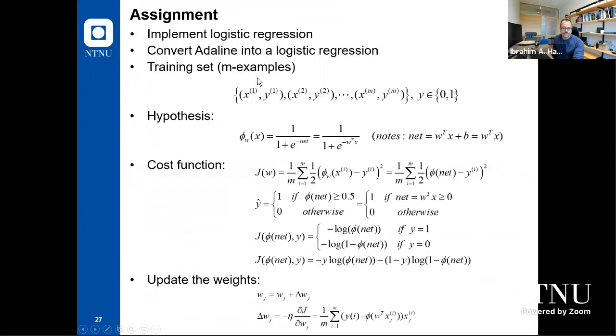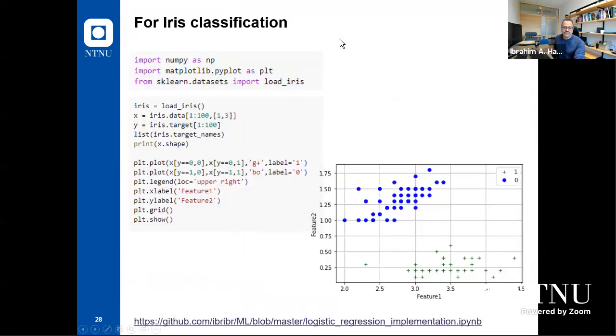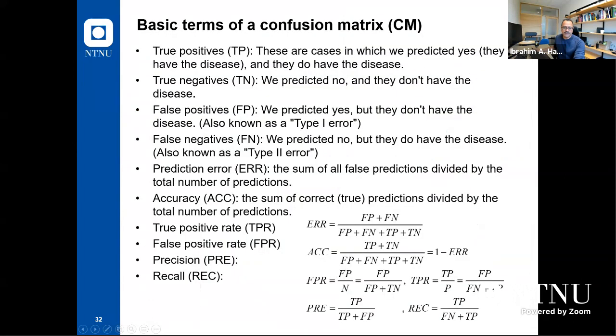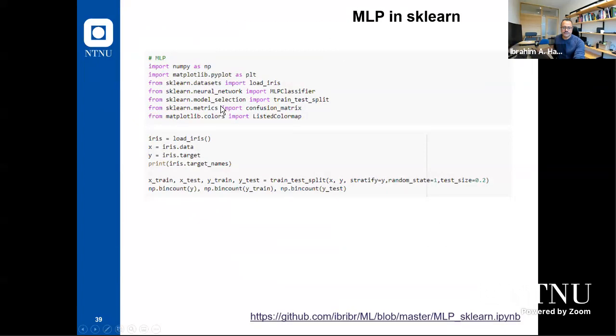We import logistic regression or a perceptron from sklearn.linear_model. Now we are working with MLP, and MLP is a neural network. It's not a perceptron. So in this case, we need to import MLPClassifier from sklearn.neural_network.